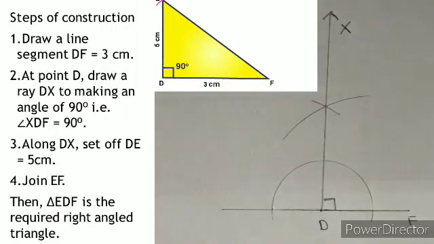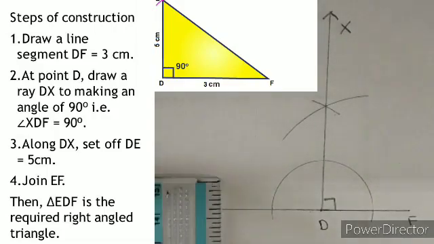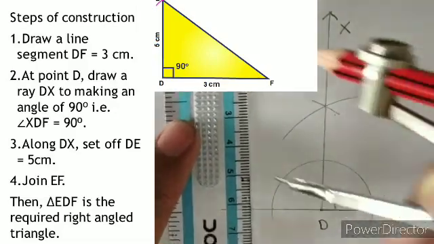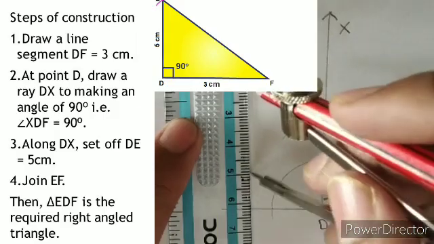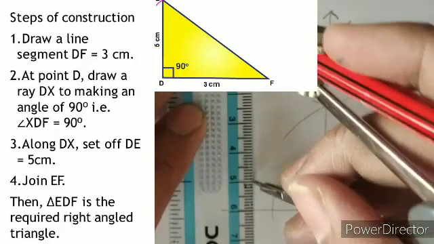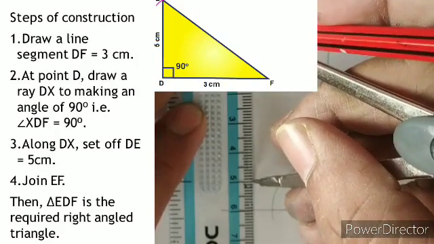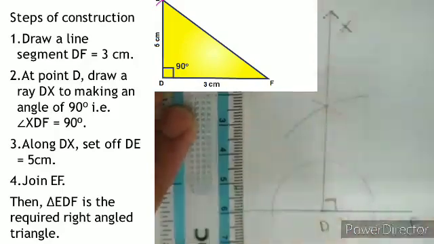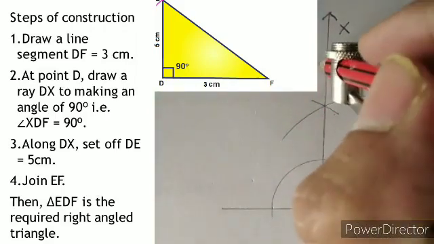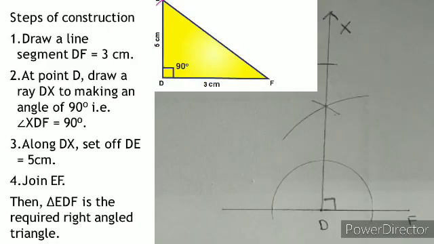Now we have to take the distance or radius of 5 cm in our compass. Okay, set the distance 5 cm and then draw an arc with center D and radius 5 cm to get point E.